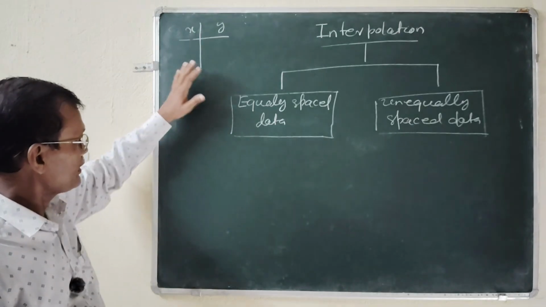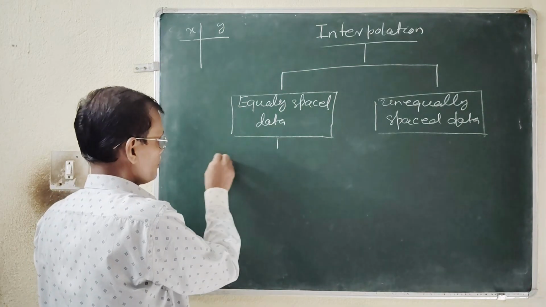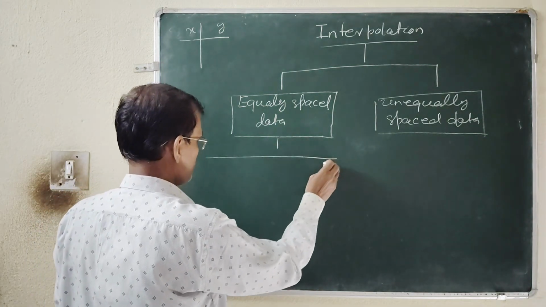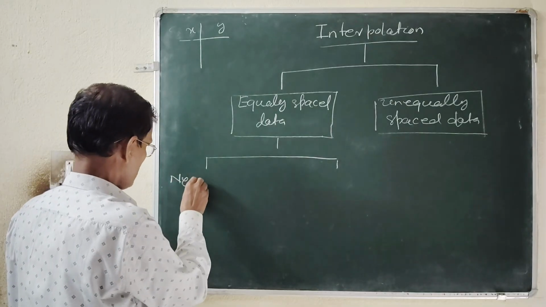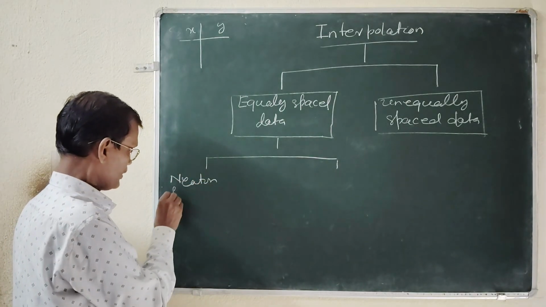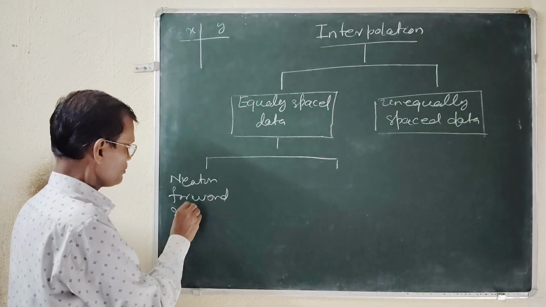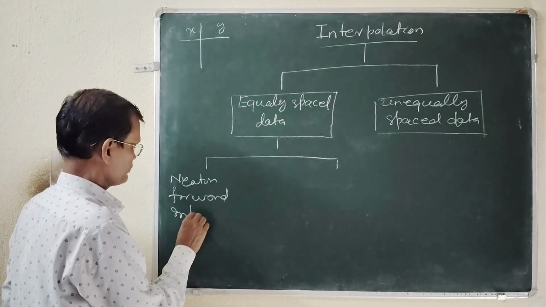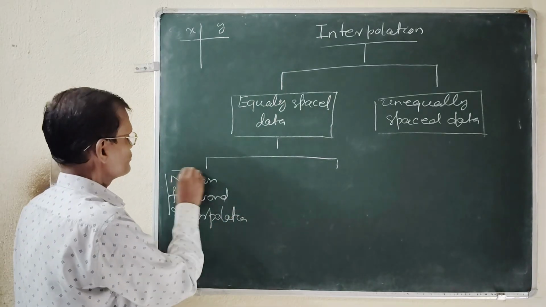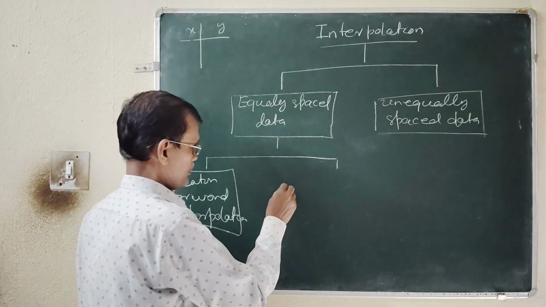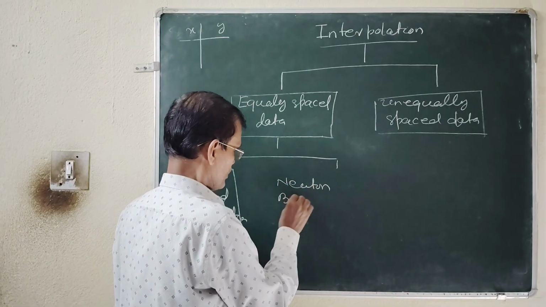When the data is equally spaced, under that head we come across two types of interpolation problem: Newton forward interpolation and Newton backward interpolation.